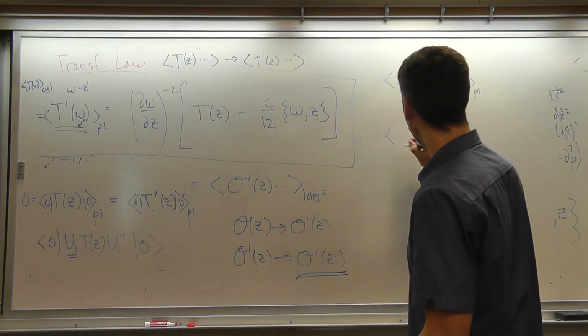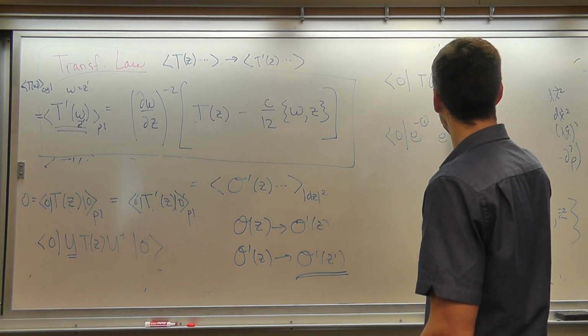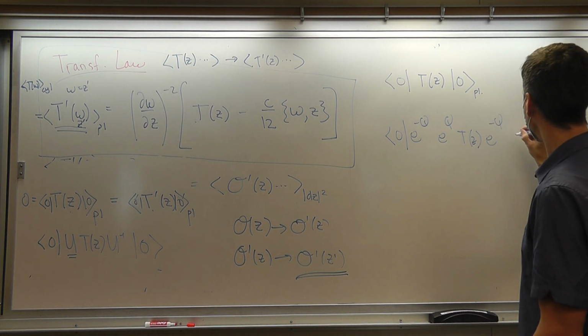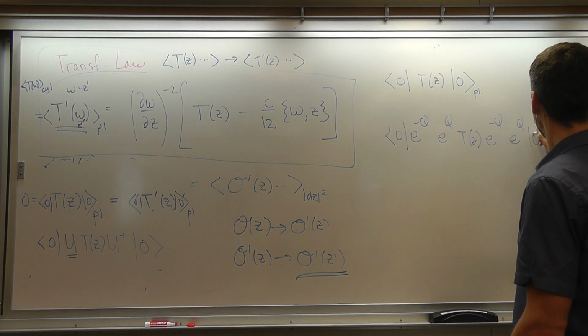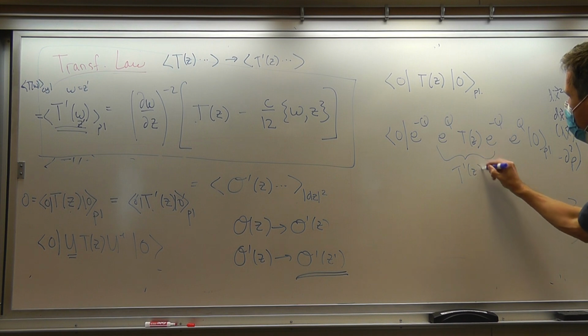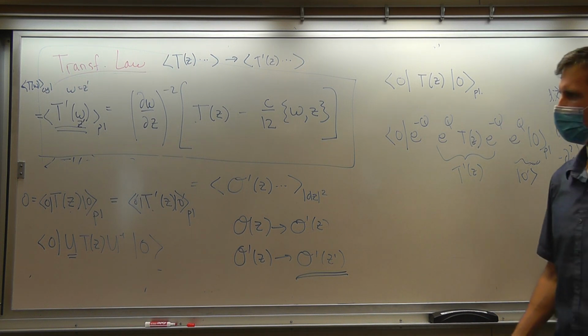Within this theory, I can write 0, e to the minus q, e to the q, T of Z, e to the minus q, e to the q, 0. This is, by definition, T prime of Z. And this is what I was calling 0 prime, which in higher dimensions would just be 0, but here it's not. So I think it does make sense to write it.